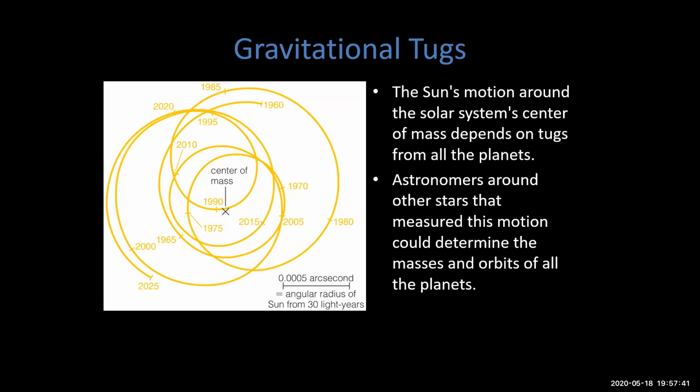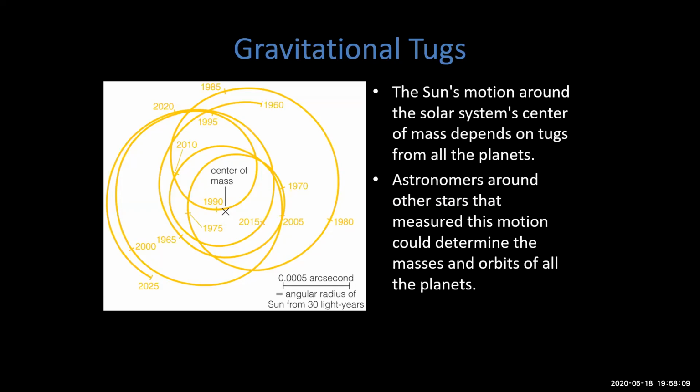Here are the orbits and suspected orbits of a star moving around some center of mass. The star itself is moving around the galaxy. The star is moving around a lot due to many different possible sources of gravitational interactions, and taking all of it into account is pretty tough.